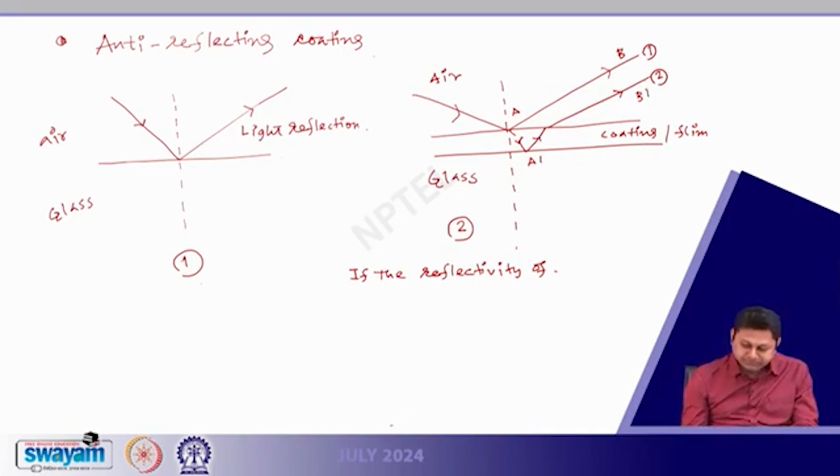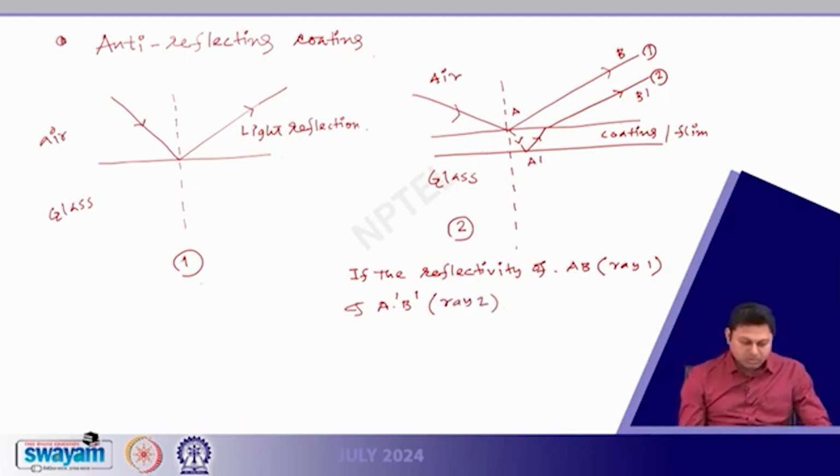If the reflectivity of the ray AB, which is ray 1, and another ray A prime B prime, which is ray 2, is the same, then we can write R1 is equal to R2, which is the coefficient of this reflectivity, R1 R2.